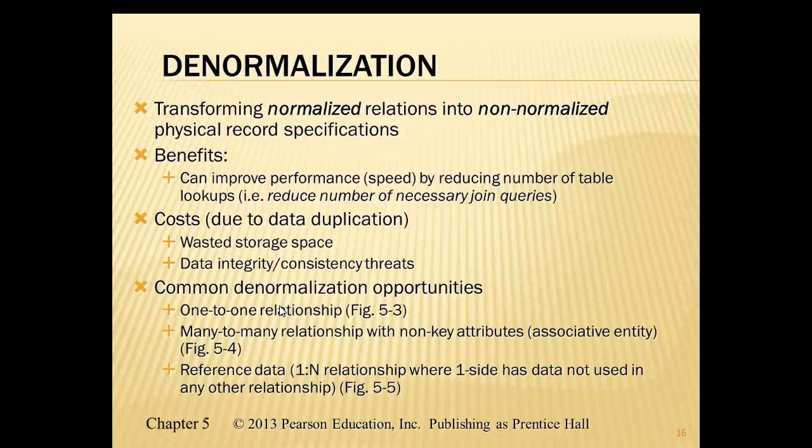So there are certain benefits of denormalization that can improve performance and reduce the lookup time that is required to access certain variables, and then there are certain costs involved as well. And now we're going to get into some denormalization opportunities in terms of a one-to-one relationship or a many-to-many relationship, and then the reference data that is used in a one-to-many relationship. So let's take a look at that and see how some of these work.